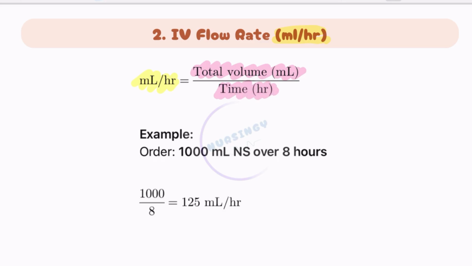For example, if the order given is 1000 ml normal saline over 8 hours, we have total volume in ml, that is 1000, and time in hours, 8 hours. When we divide 1000 by 8, it will give us 125 ml per hour as the answer. Let's move to the next one.